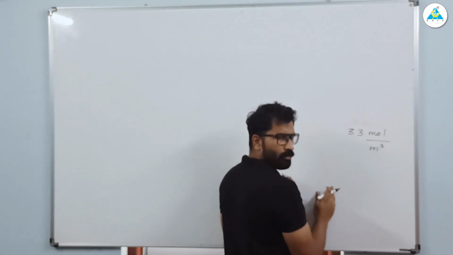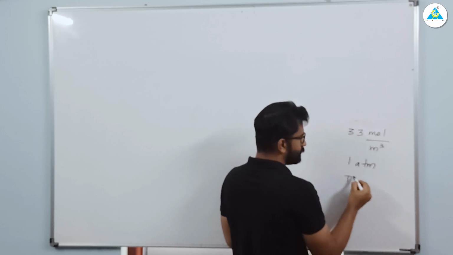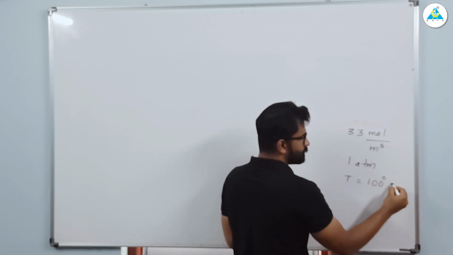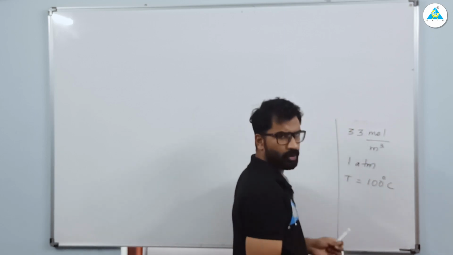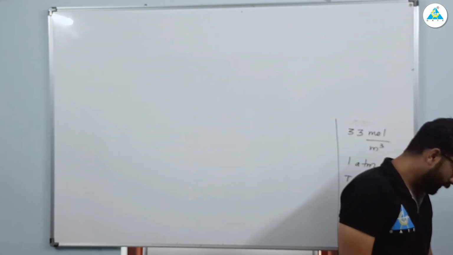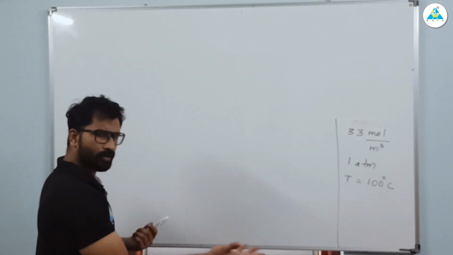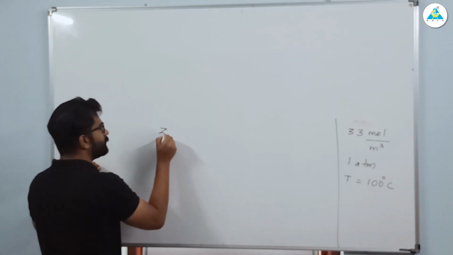So what is the normal boiling point of water? 1 atm and temperature is 100 degrees Celsius. Right, so this is the normal boiling point of water. Clear? So they are asking to find the answer in compressibility factor, close to the options given. What is the equation for compressibility factor?